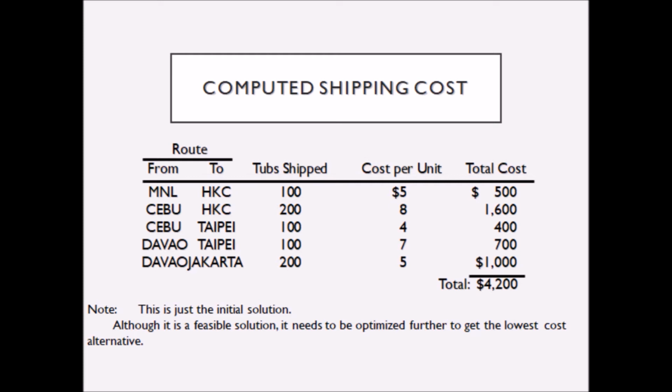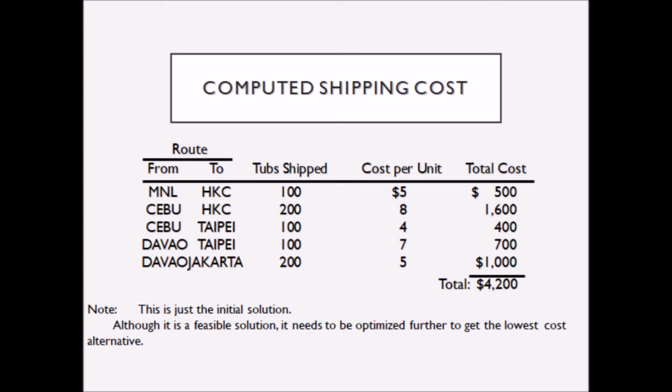Next, we have Cebu to Hong Kong. From the table, we see that 200 tubs were shipped and the cost is $8 per unit, which gives a total cost of $1,600. And doing it again and again, we have a total of $4,200 worth of shipping cost. Just a note, this is just an initial solution.